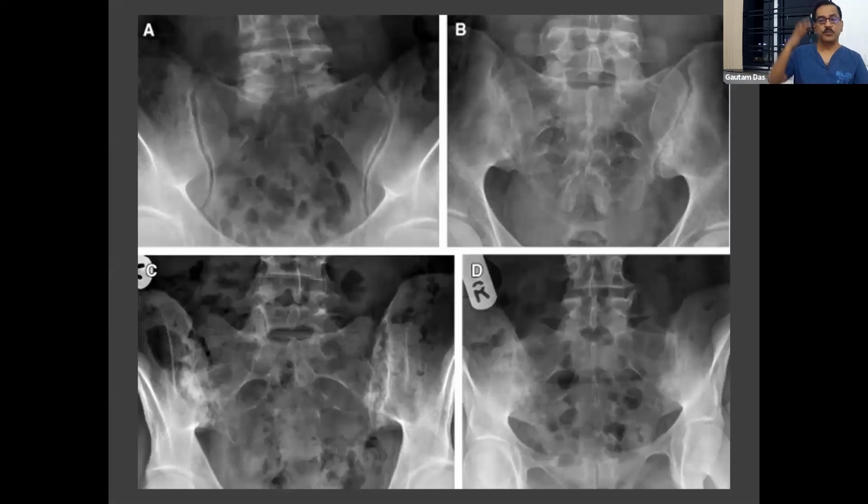Okay. So now this is what I was telling, the classification of sacroiliitis. In the spondyloarthropathies or ankylosing spondylitis, the sacroiliac joint is one of the commonest joints involved, and this grading can be done by plain X-ray. But nowadays it is said that MRI is more sensitive than X-ray to diagnose sacroiliitis.